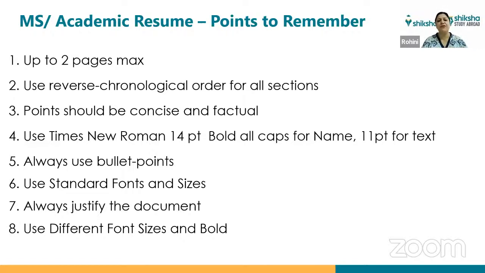Use standard font sizes and fonts. Always try and stick to serif fonts because they read easily when you upload on the links for the universities. Always use justified alignment and use different font sizes and bold to create specific sections which are easy to read and interesting to look at.